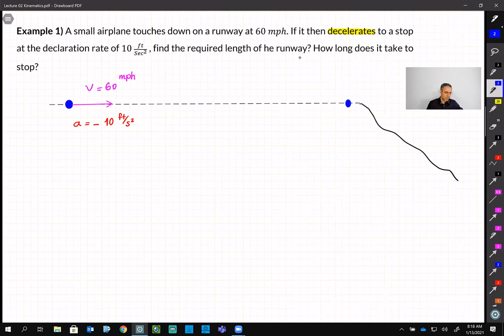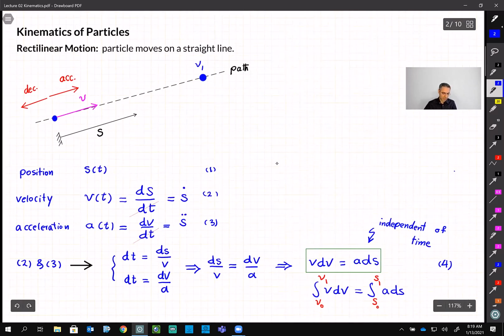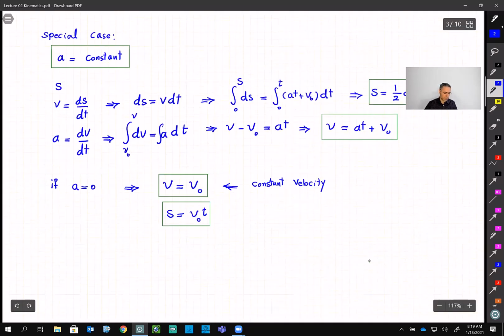And the first part of the question didn't talk about time, right? It just asks us the required length without asking how long does it take. And always remember, when you have velocity, when you have acceleration, and you need to know the position, these three, position, acceleration, and velocity, without time, then your best formula is the one that we just found. Let's go up here. V dv = a ds. But let's also complete it for a constant case, because we didn't.